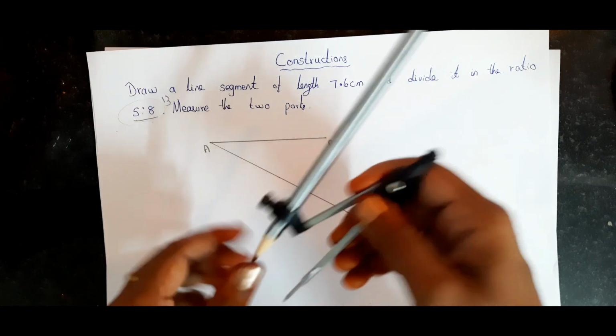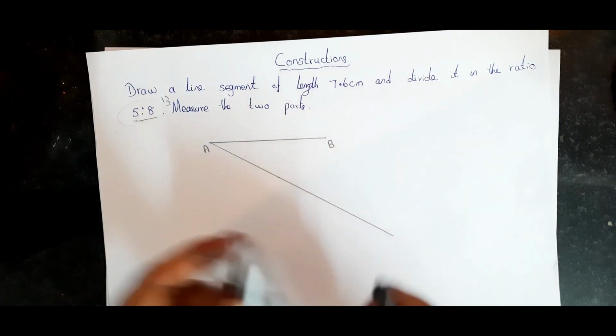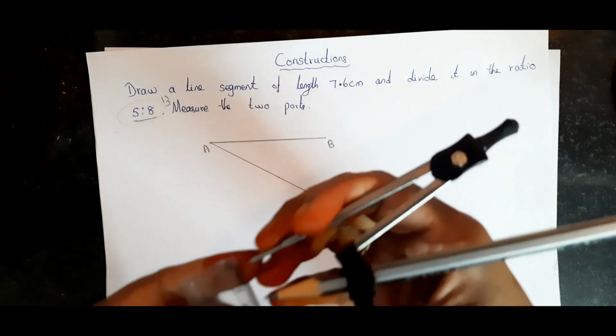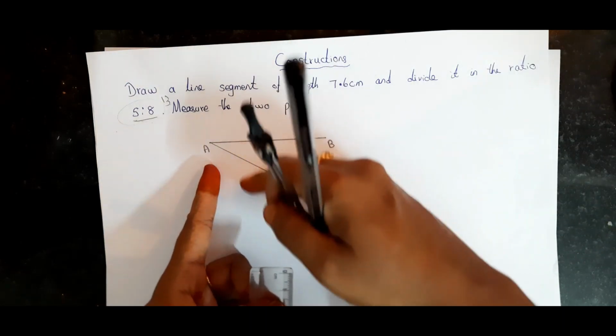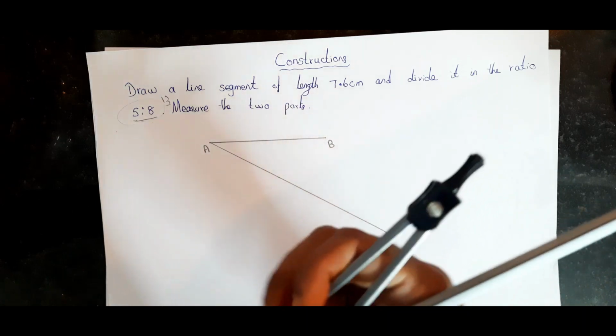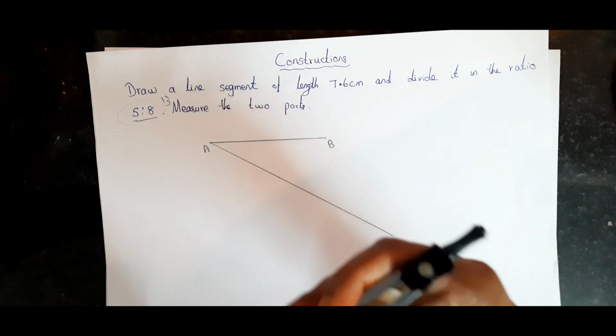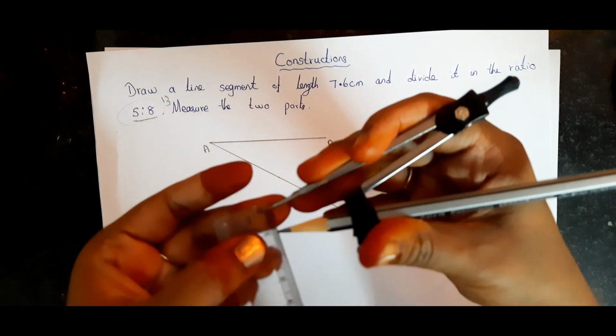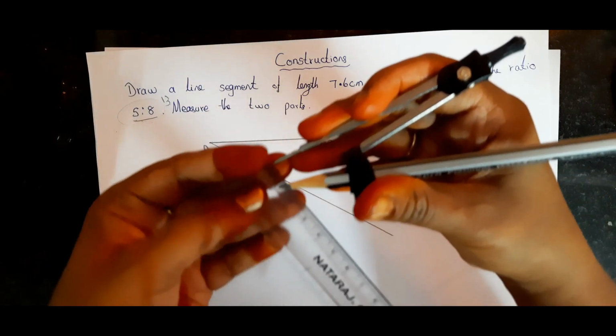Take a compass, then we need to mark equal parts, right? So I am going to take 1 centimeter. 1 centimeter, equally 13 equal parts I am going to mark. You can take 2 centimeter also, no issue. So I took 1 centimeter.